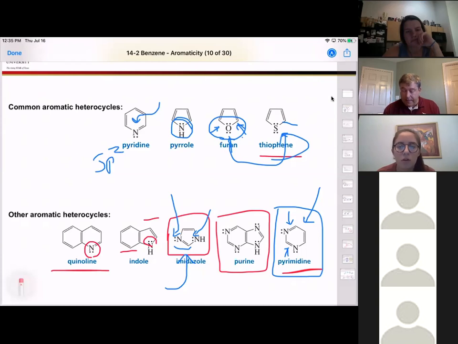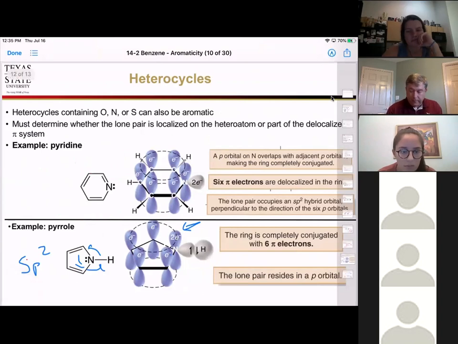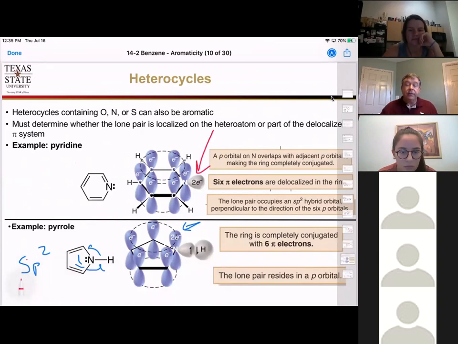Correct. And that is demonstrated if we look here. I'm going to do it in red right here. See, these 2 electrons are sticking out. They're in the trigonal planar configuration. So these 2 electrons are in their sp2 hybridized orbital.